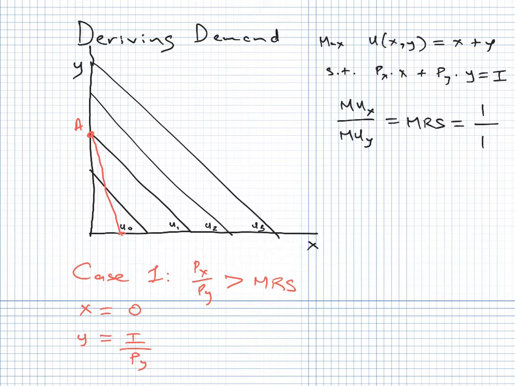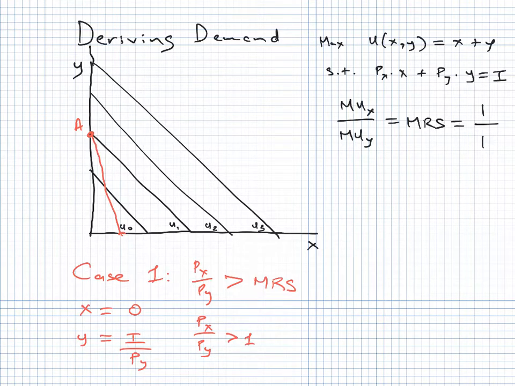We just take our income and divide it by the price of good Y. So that's case one. That's going to apply anytime the price of good X over the price of good Y is greater than the MRS. Stated a little bit differently, given the numbers that we have, it's going to happen anytime Px over Py is greater than 1.